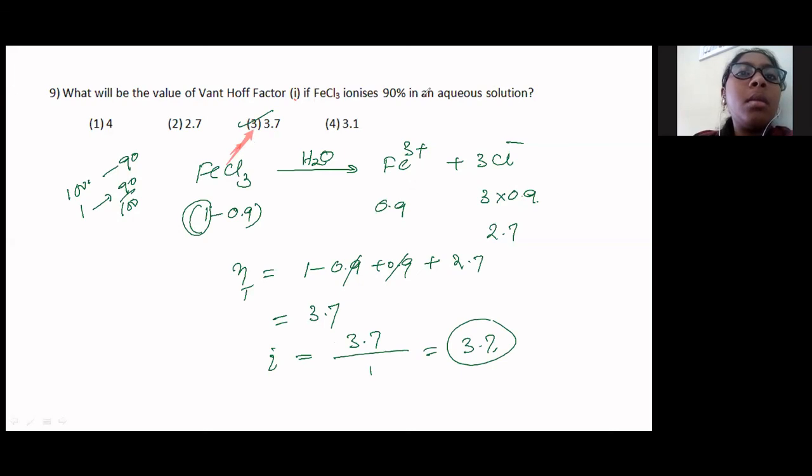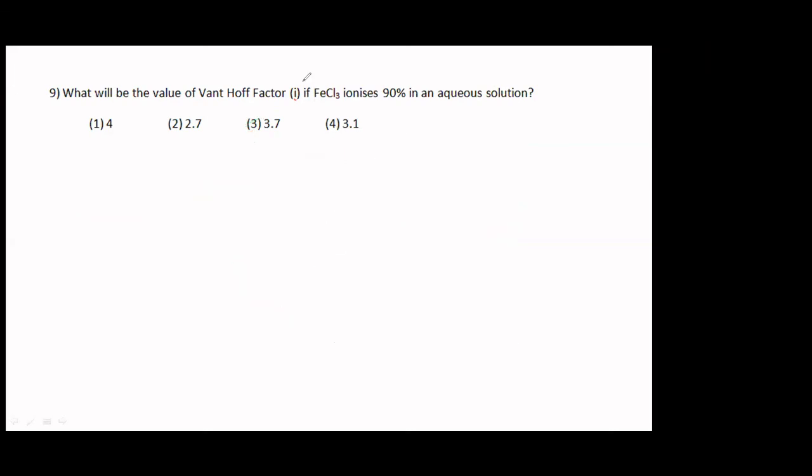If it is difficult for you to follow, you can even use alpha and then finally substitute. How do you use alpha? FeCl3, same procedure, put it in water, it gives Fe3 plus and 3 Cl minus. 1 minus alpha, this will be alpha, this will be 3 alpha.